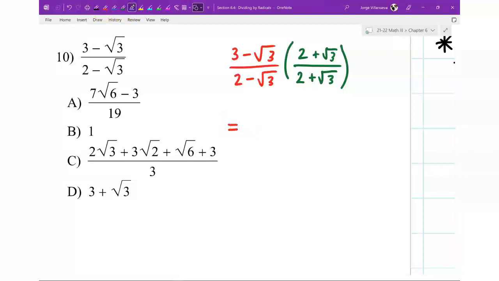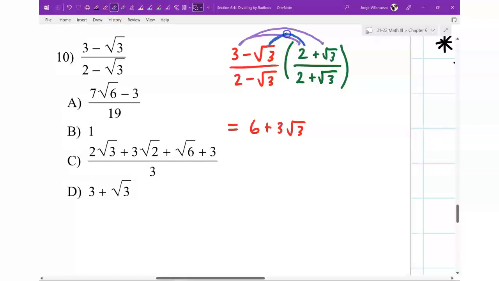Let's do the top first. 3 times 2 and 3 times radical 3. So I get 3 times 2 is 6 plus 3 times radical 3 is 3 radical 3. So that's the first part. Now let's distribute the negative radical 3 on top. So negative radical 3 times 2, negative radical 3 times radical 3.